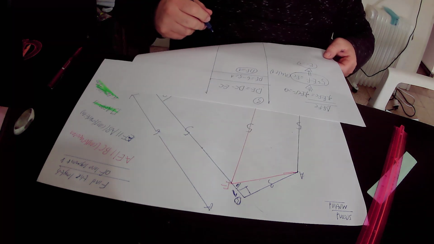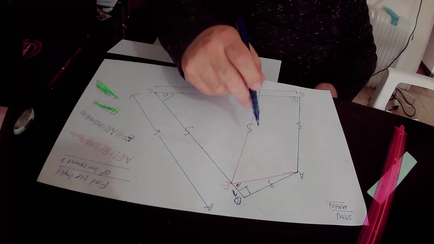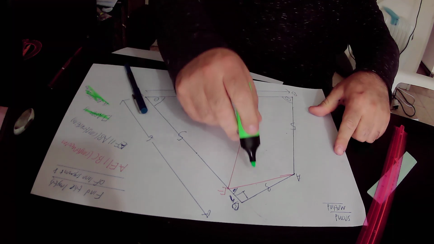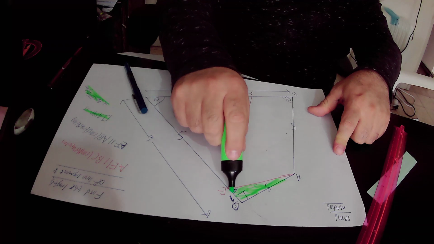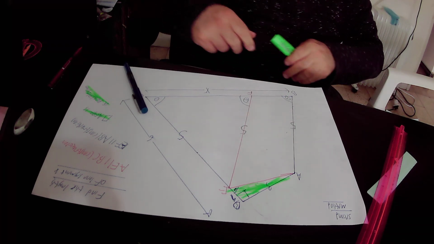Now we'll focus on the right triangle ADE, and we will implement the Pythagoras theorem on it.